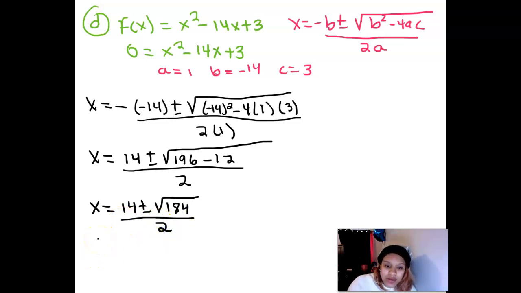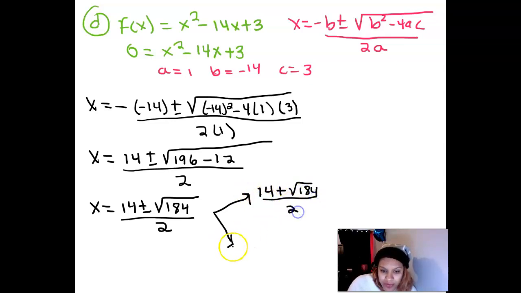Two values of x, right? So this is going to give you a positive 1 and a negative 1. So we're going to have 14 plus square root of 184 over 2, and 14 minus square root of 184 over 2. It wants us to round to 2 decimal places.